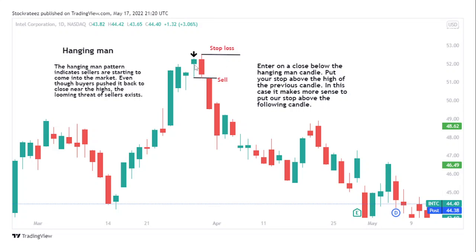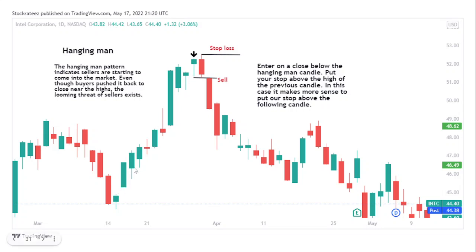Here we've got a green hanging man. We're at the top of an uptrend, and we've got this hanging man candle right here. We actually have two hanging men right here. We're seeing sellers starting to come into the market. Even though buyers push it up from the highs, it's the looming threat.